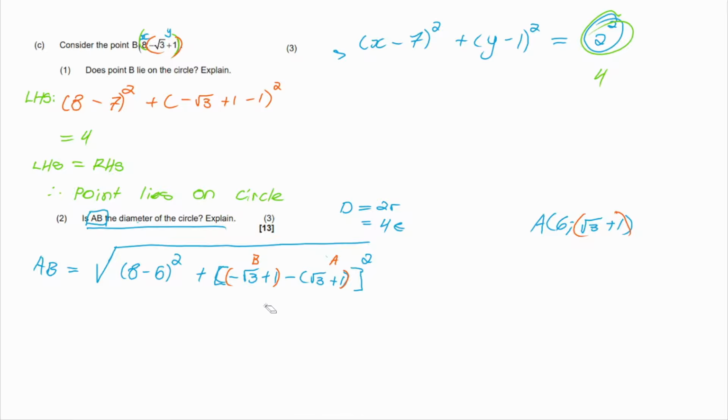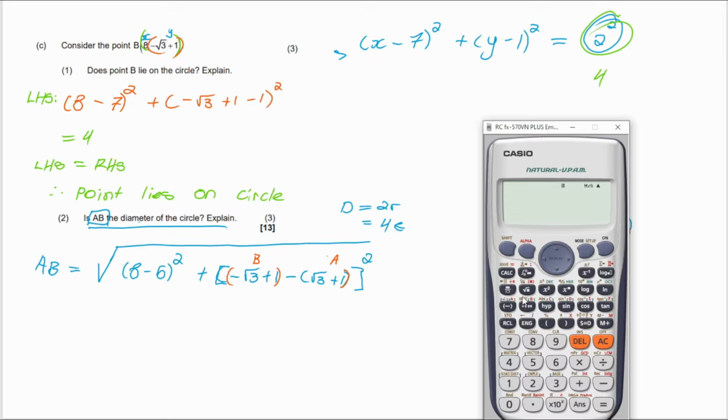What we can do is literally just shove all of this in the calculator. I'll show you how. We're going to do the square root of 8 minus 6, all squared, plus, with a double bracket, minus root 3 plus 1, that's the y coordinate of B, minus the y coordinate of A, which is minus root 3 plus 1. What mistake did I make there? The 1 was in the square root.